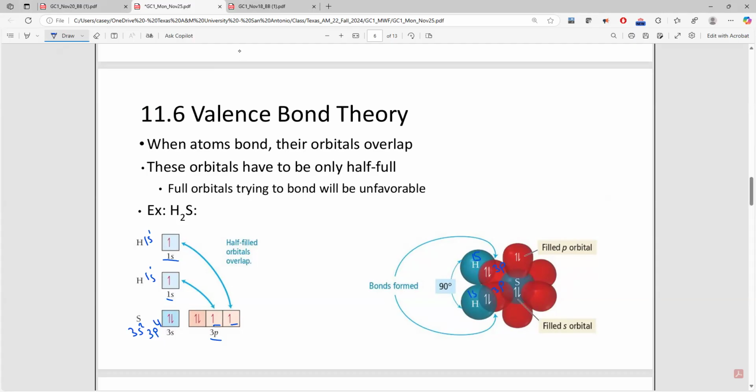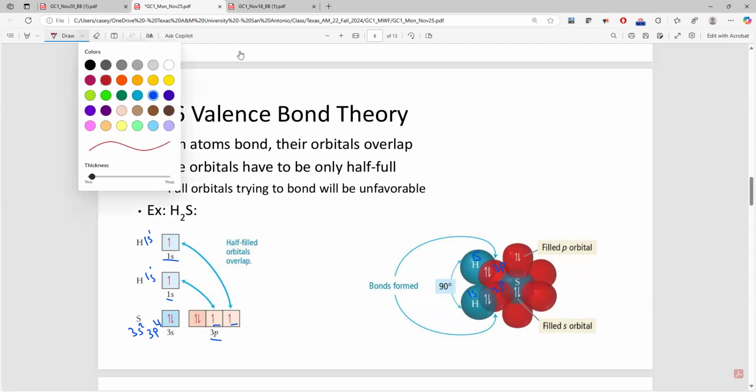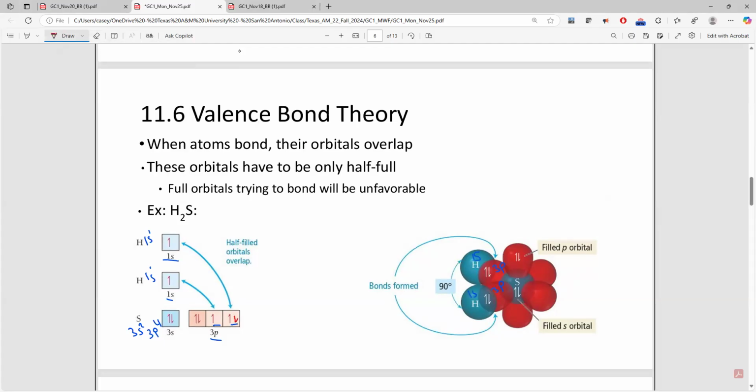And since they're sharing electrons, we can think, okay, well, you are now full because you are each renting an electron from each other. So that's the first way we kind of think about bonding.